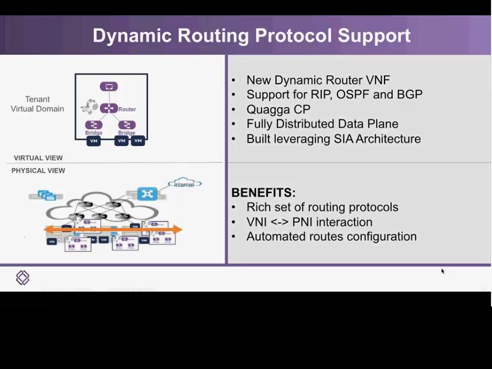So the way to think about it is that this is leveraging the container model, but with a fully distributed data plane. What is important here to know is that we support RIP, OSPF, and BGP, so we support all the major routing protocols. And what we've done is we have integrated the Quagga control plane as part of our framework.